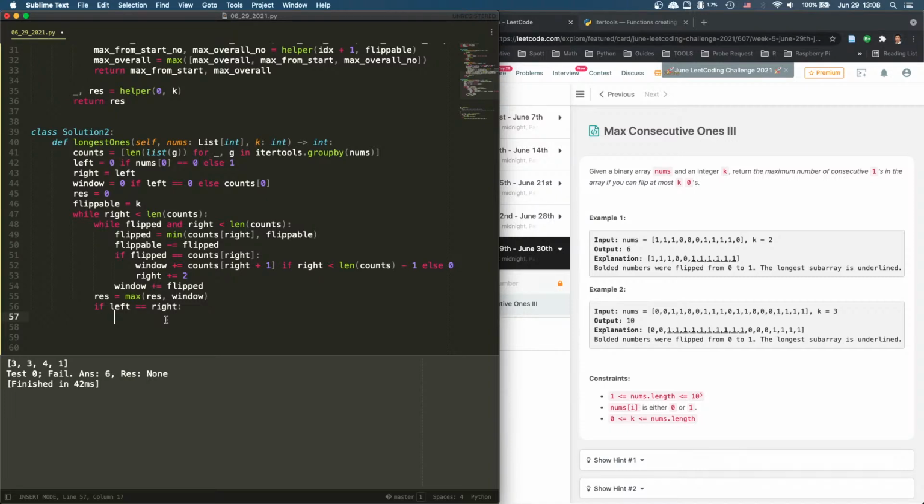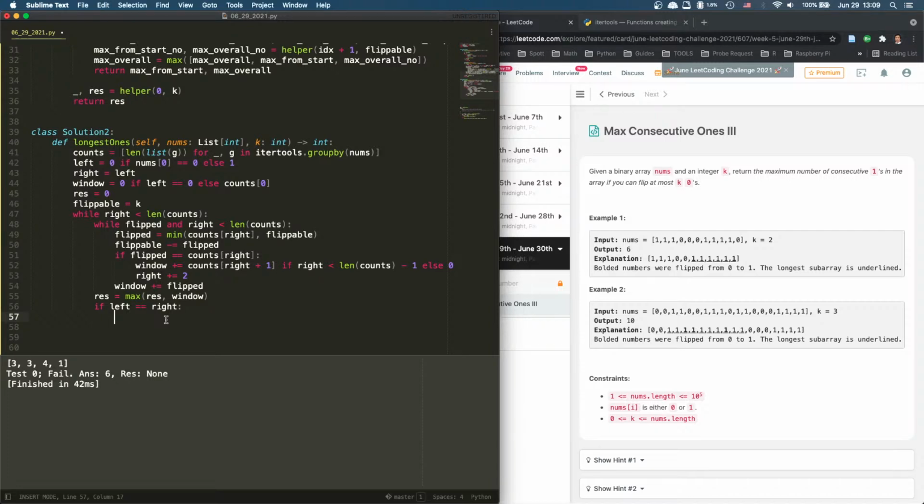We attach to the right by starting from right again, but we're going to say counts right. We're going to reduce counts right to flippable, right? And then keep going.